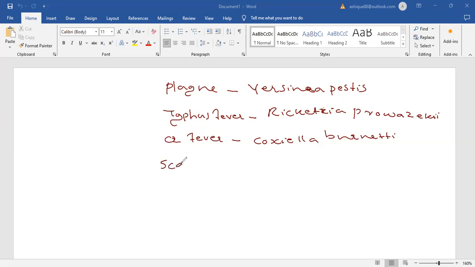Scarlet fever is caused by Streptococcus pyogenes.